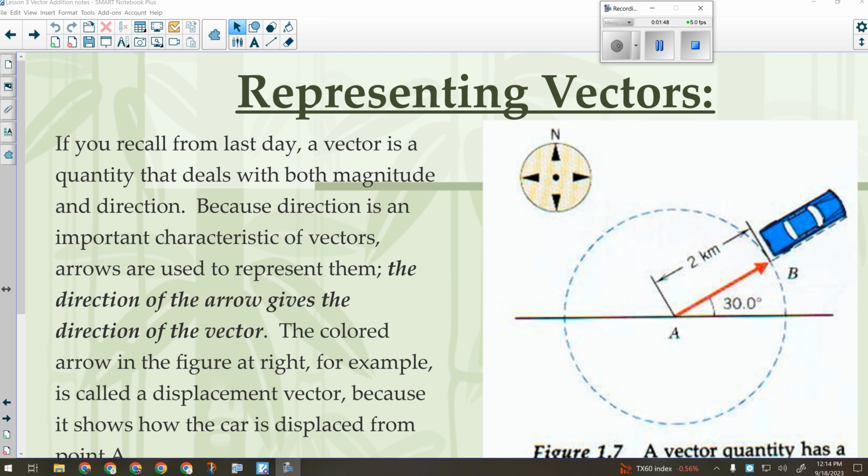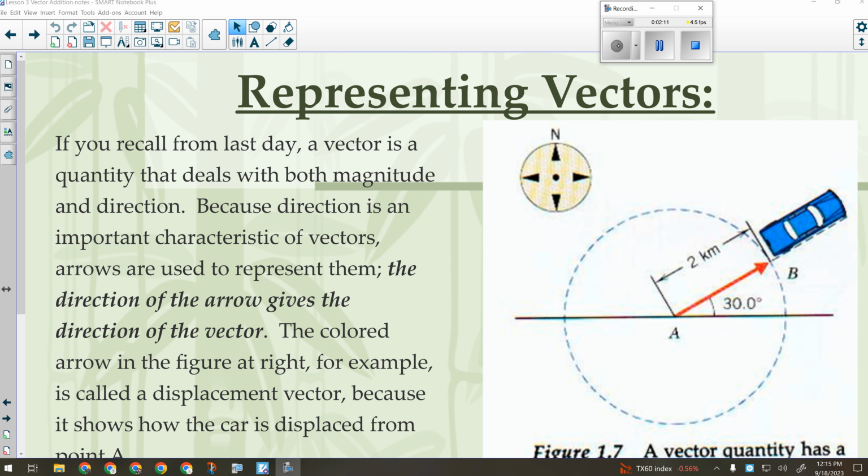So if I was adding a 2-kilometer vector and a 4-kilometer vector, my 4-kilometer vector should have an arrow that's twice as long. That sort of makes sense? Okay, so length of the arrow is going to represent the magnitude, and then we just draw the arrow pointing in whatever direction that vector has. 30 degrees east of north, or whatever it happens to be. All right, that's how we're going to represent that.